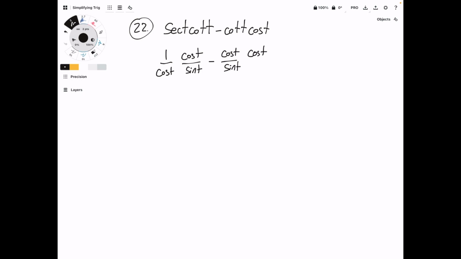Now we can cancel out these cosines, and we have the same denominator on each term, so we can write the top as a single expression, cosine squared t over sine t. 1 minus cosine squared t is equal to sine squared t from our trig identities. Put this over sine t, and then we can cancel this and this, and we are left with sine of t.